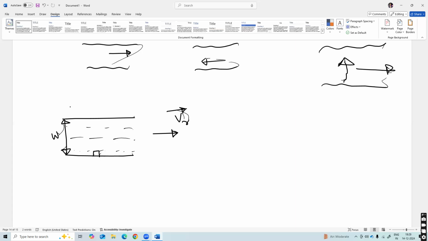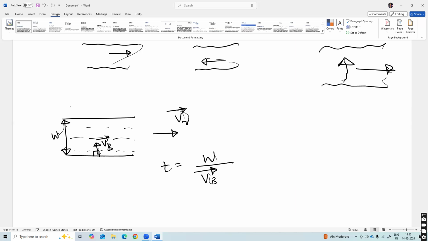If this boat is moving at some velocity VB, perpendicular to the flow, then the time taken by this boat to cross this river will be T equal to distance, that is width of the river, divided by velocity of the boat.